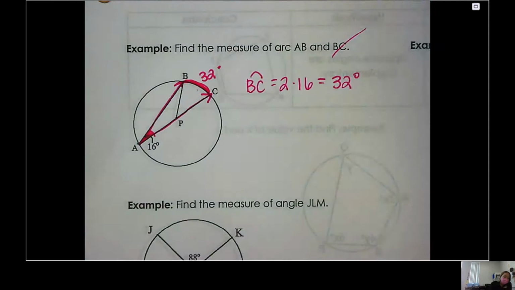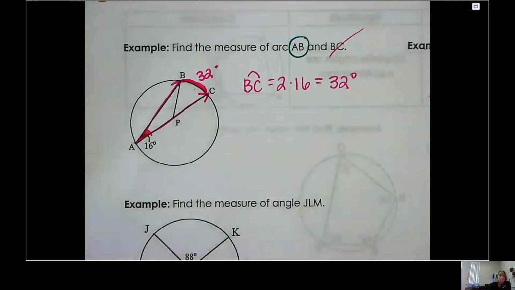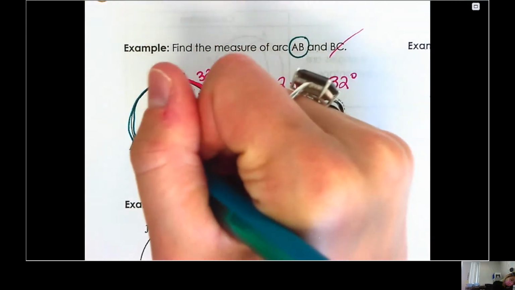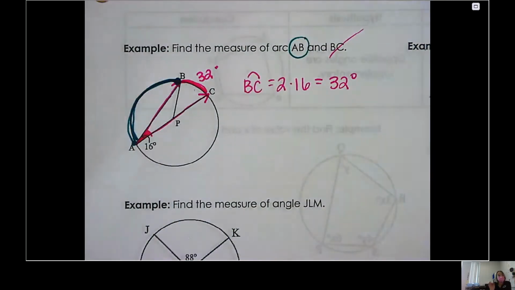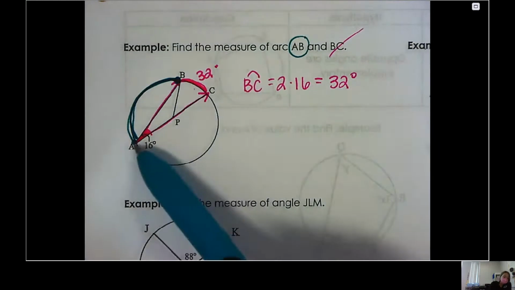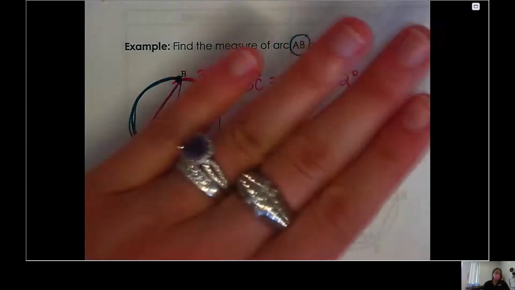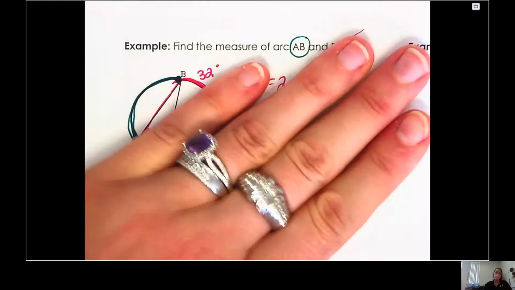Okay. Now you still have to figure out arc AB. So here's A to B. How am I going to figure out this one? Subtract 32 from 180. Is that what we're about to say? Yeah, exactly. This is half of the circle right here. If I ignore the rest of this, that's half the circle.